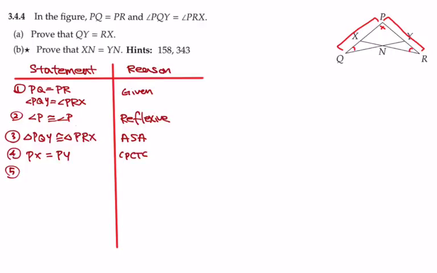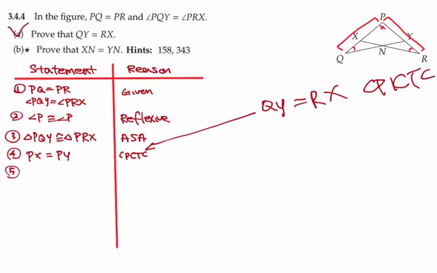Now, actually, at this point, I forgot to mention one thing. Let me just write down 3.5. Then QY must be equal to RX by CPCTC as well.